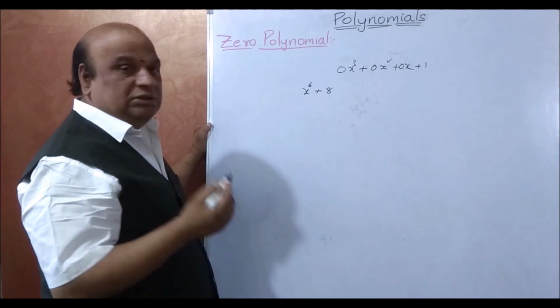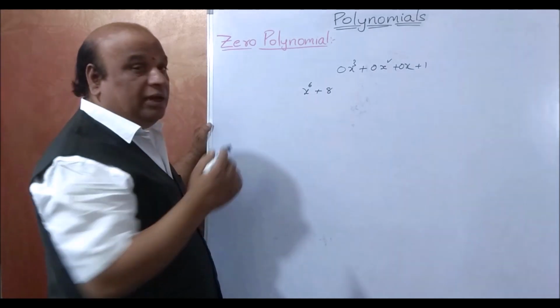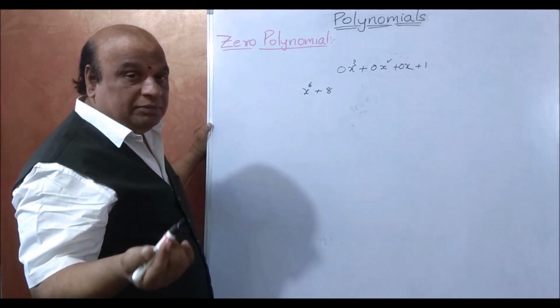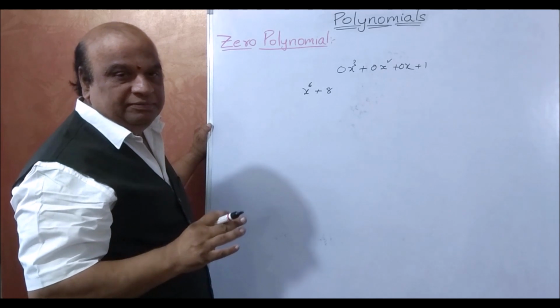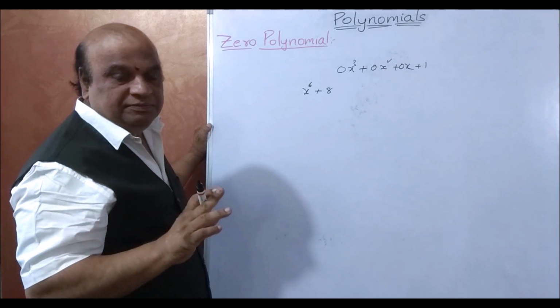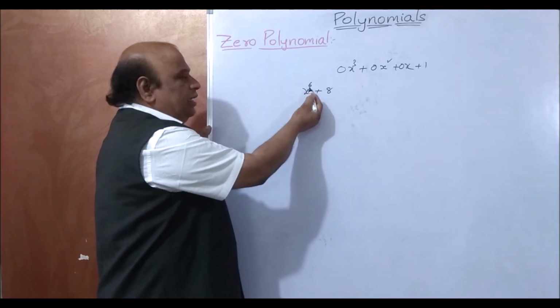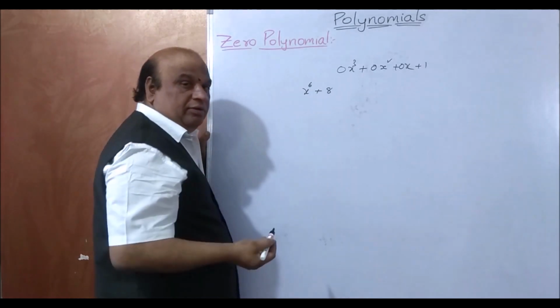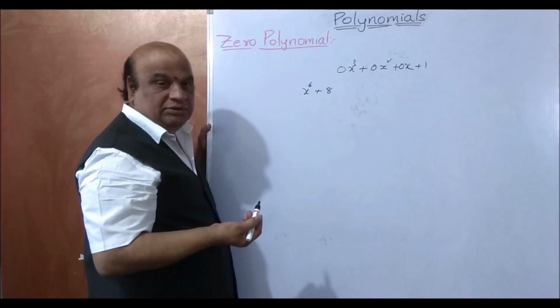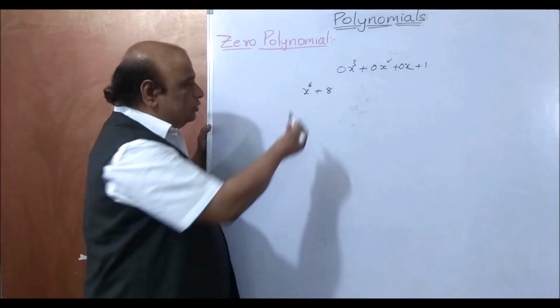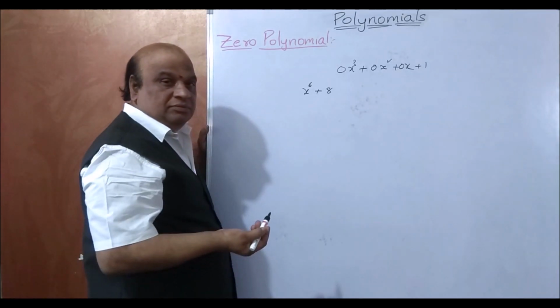A sixth power polynomial actually has how many terms? 7 terms are there. But here there are only 2 terms, x power 6 and 8 only. What about the remaining terms? We have only 2 terms.